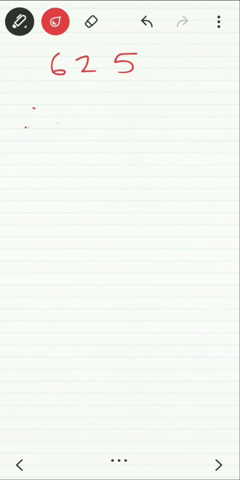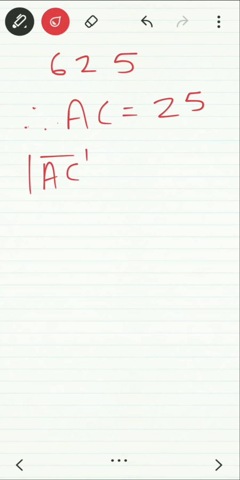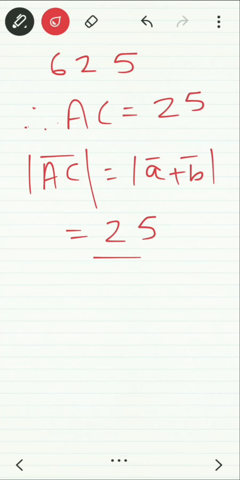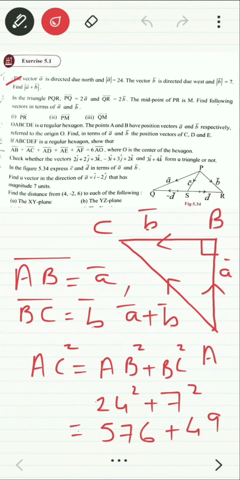Therefore, we have AC coming as 25. So the magnitude of vector AC, which is the magnitude of A bar plus B bar, comes out as 25. So thus we do the sum this way. Going on to sum number 2 now.